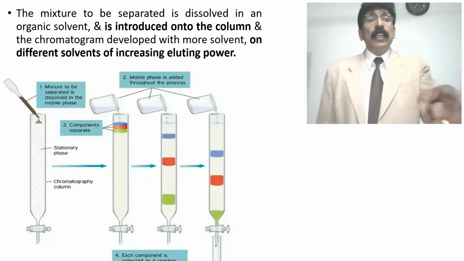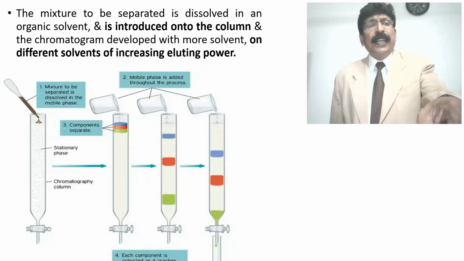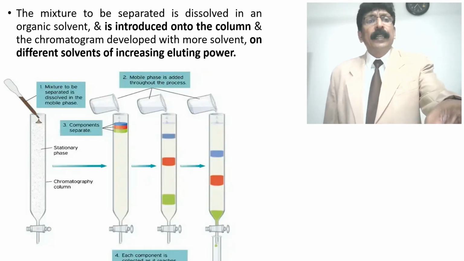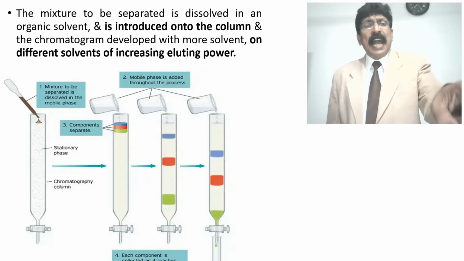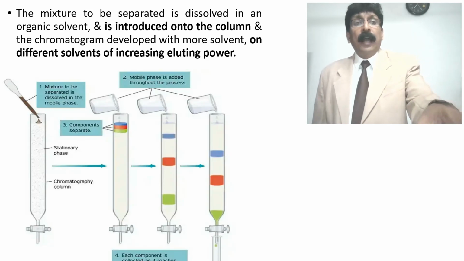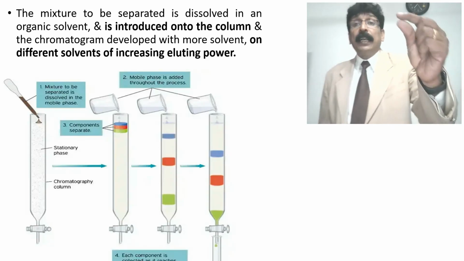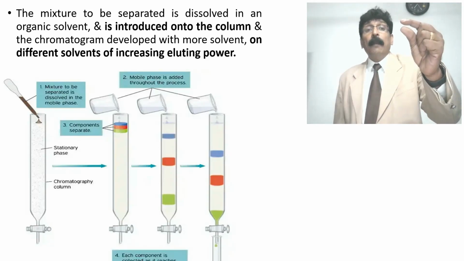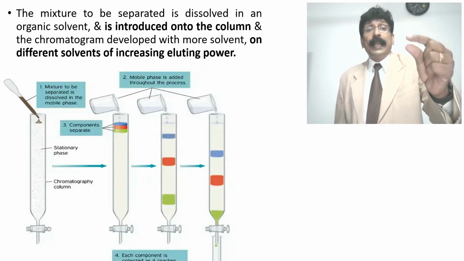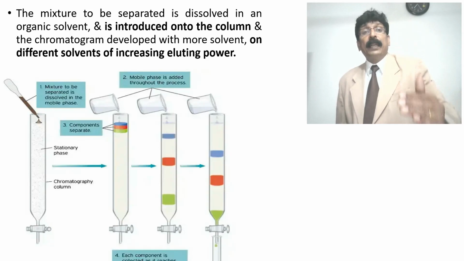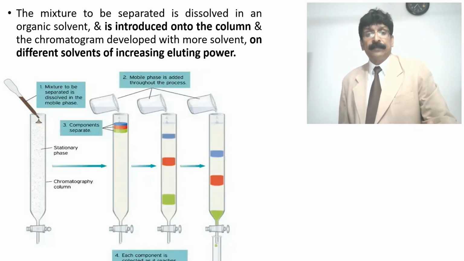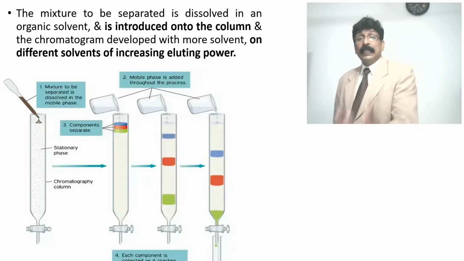As shown in the picture, you can see a mixture dissolved in the mobile phase is added to the column, and it gets separated as shown in the picture: yellow, blue, red, green, and how they are separated by the mobile phase through the process. The component that is collected is called the eluate.